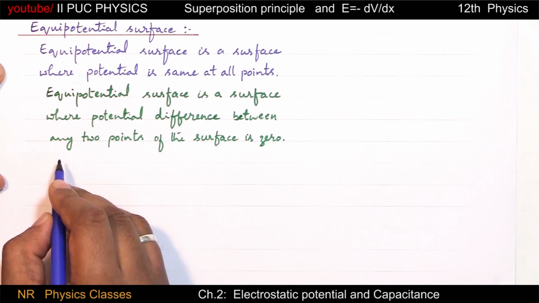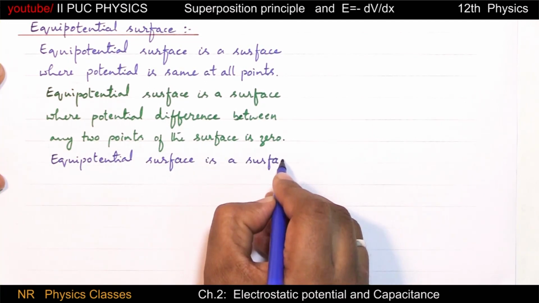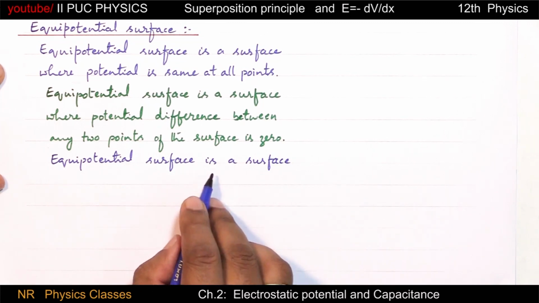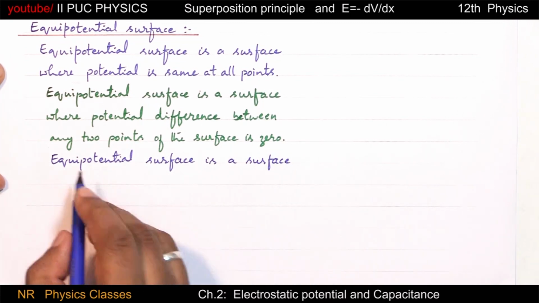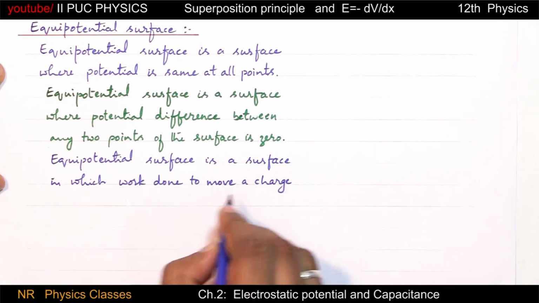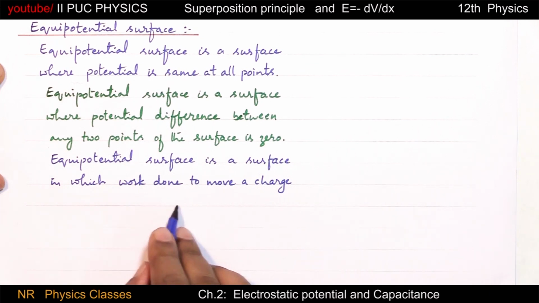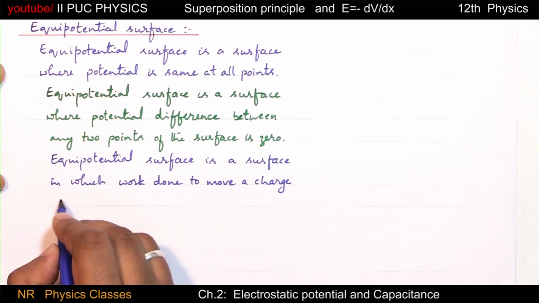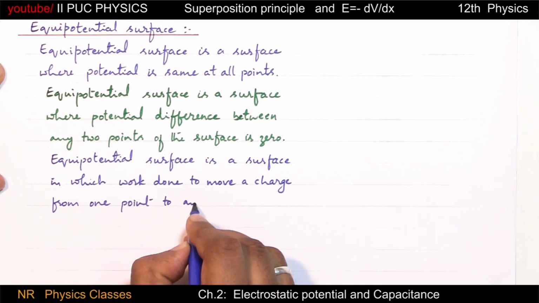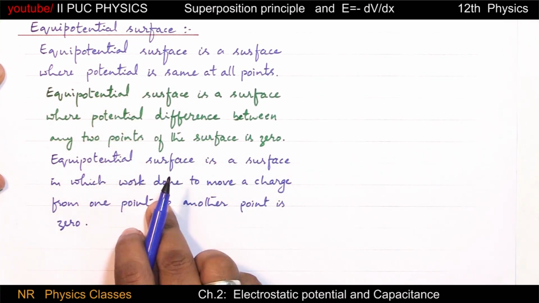Third statement: an equipotential surface is a surface in which the work done to move a charge from one point to another point is 0. So we have three different statements.